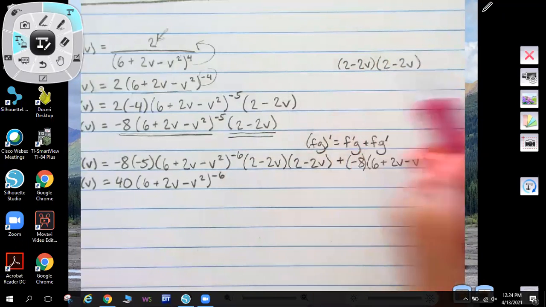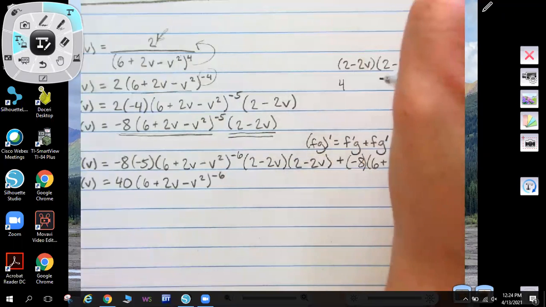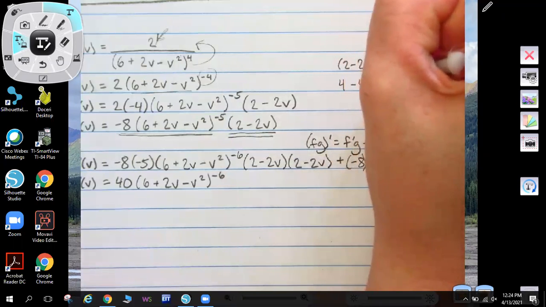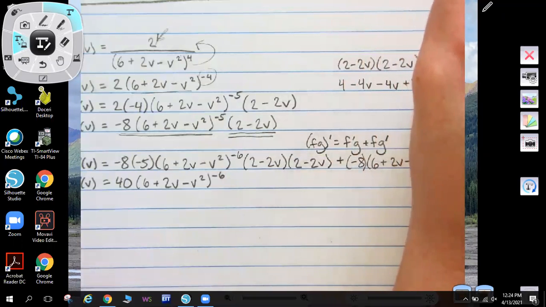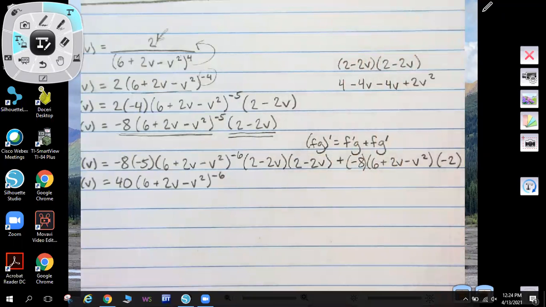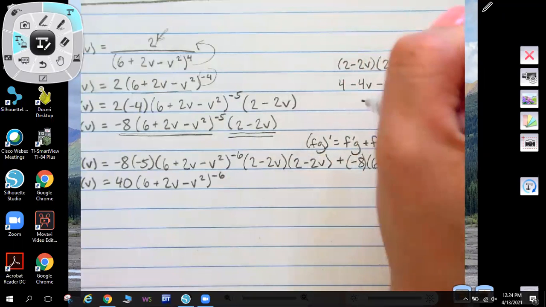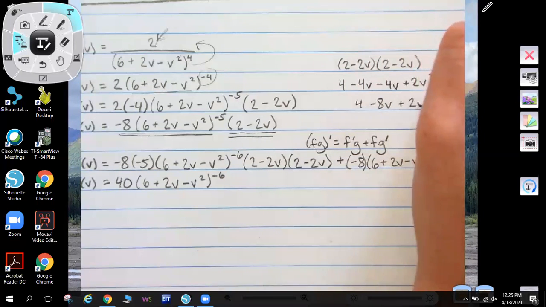If we use FOIL, we get 4 minus 4v minus 4v plus 2v squared, so that's 4 minus 8v plus 2v squared.